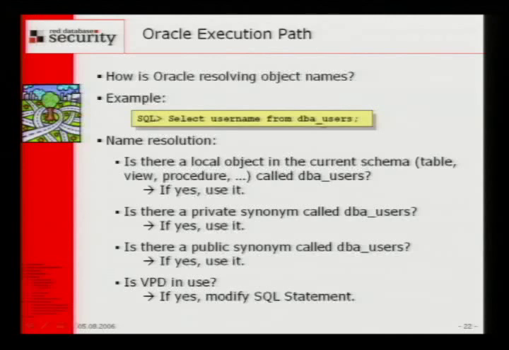Then we are looking for a private synonym. There's also normally no private synonym. Then we are looking for a public synonym, and normally there's a public synonym DBA_USERS. And after everything, before it's executed, Oracle checks if there's a virtual private database rule, a special concept of Oracle, and then it's possible to modify the statement via virtual private database.